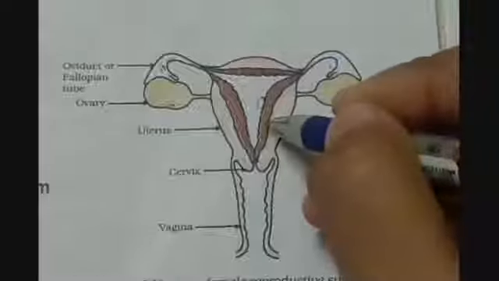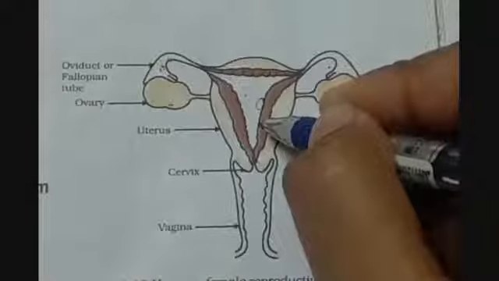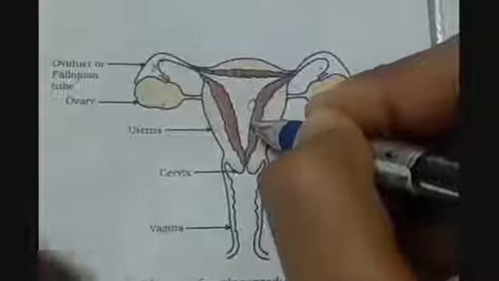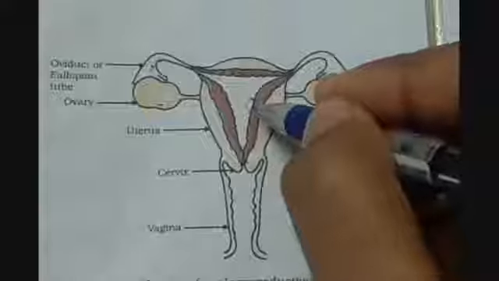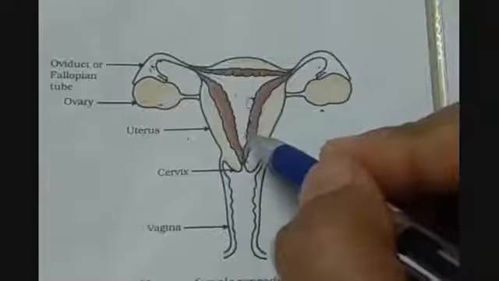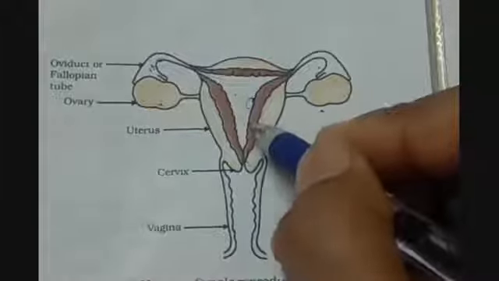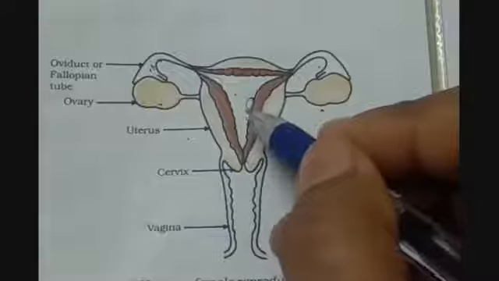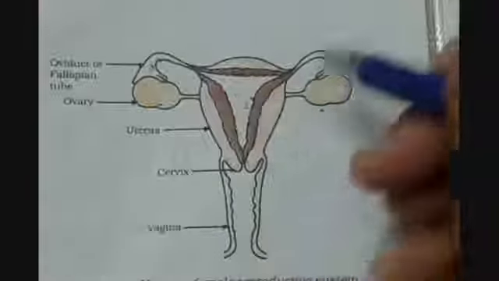Then we have the uterus. The uterus is a supporting structure where the embryo gets attached on the inner wall, and the uterus helps in developing the complete body parts of the new organism formed, and it also provides all the nutrients required to the embryo.